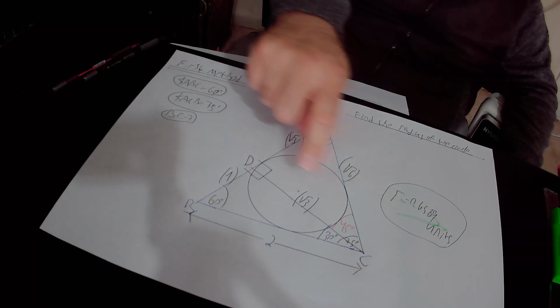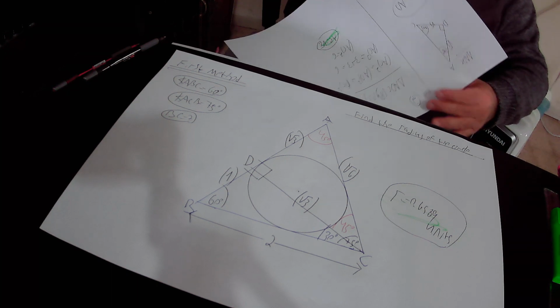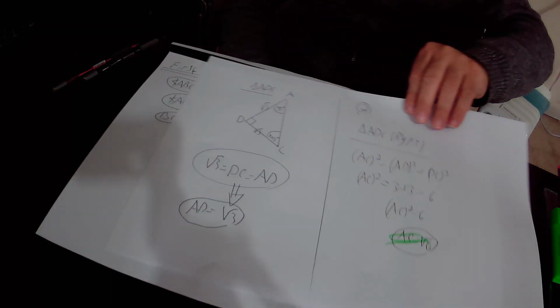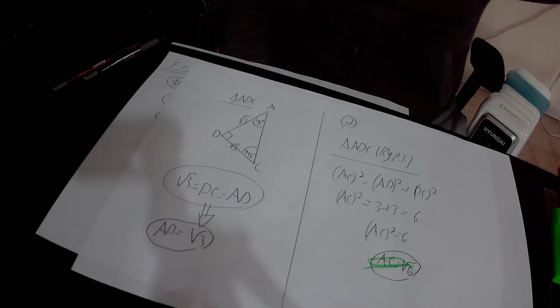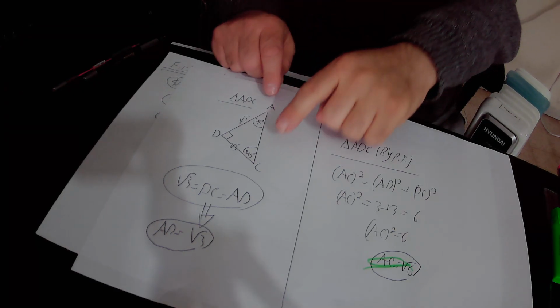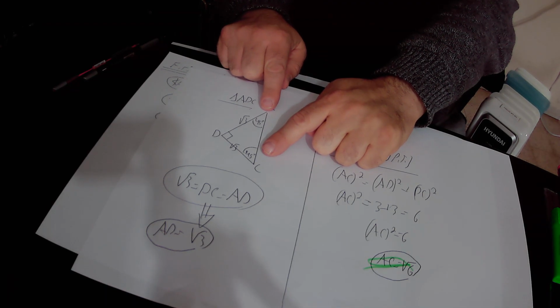Then I copy the right triangle ADC onto a new page and we analyze it. This is the right triangle ADC that I copied from the original drawing. We just found out that those two angles are both equal to 45 degrees.